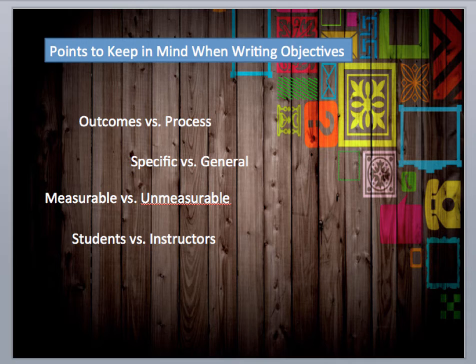The purpose is to facilitate learning. So when you're writing objectives, make sure you're describing the intended results and not the process. For instance, you wouldn't say something like, to provide a lecture on Renaissance painters. Okay, that's more of an instruction sort of thing.